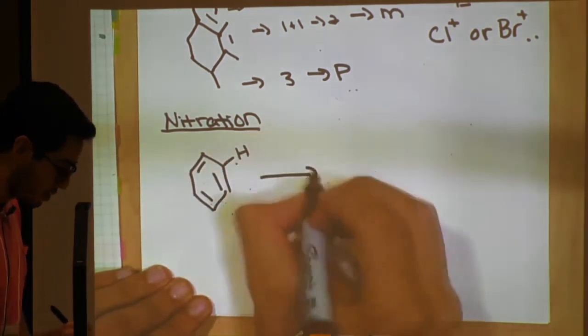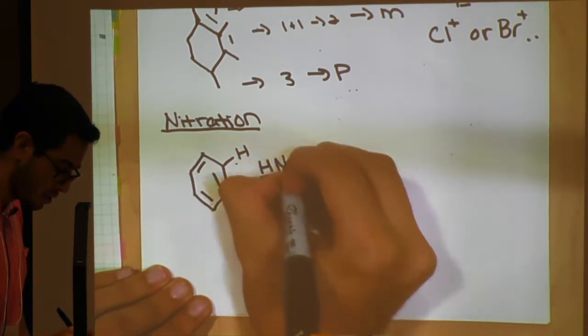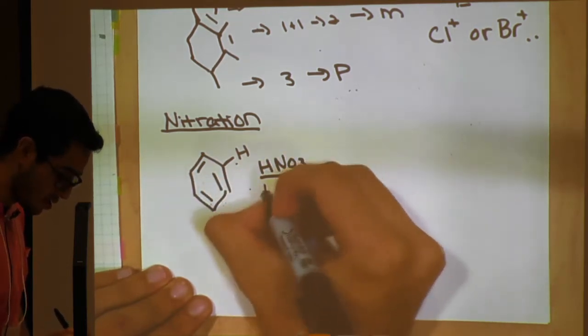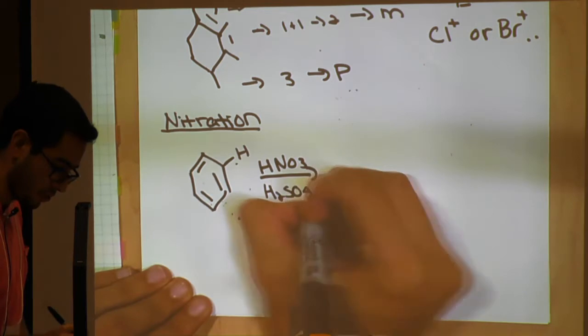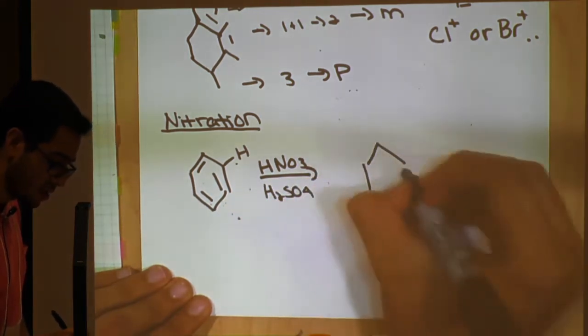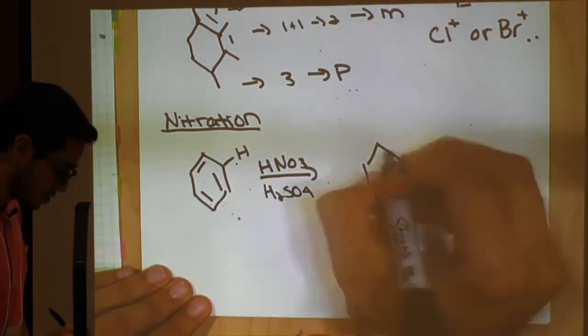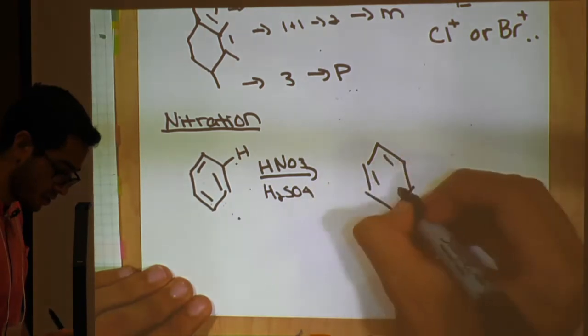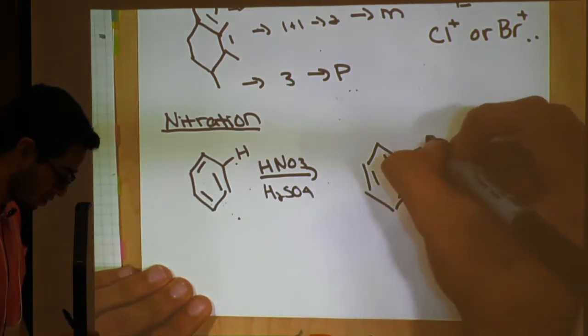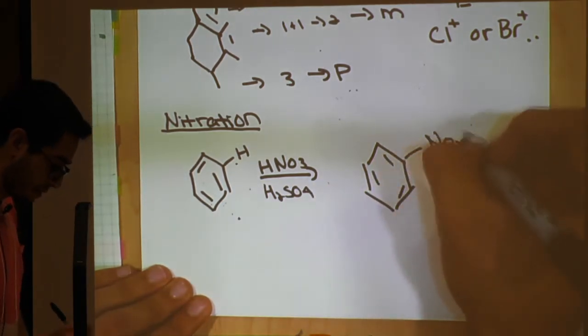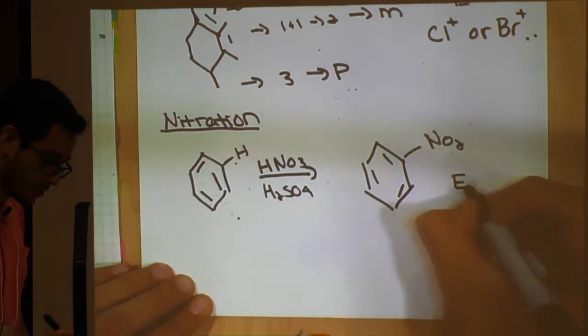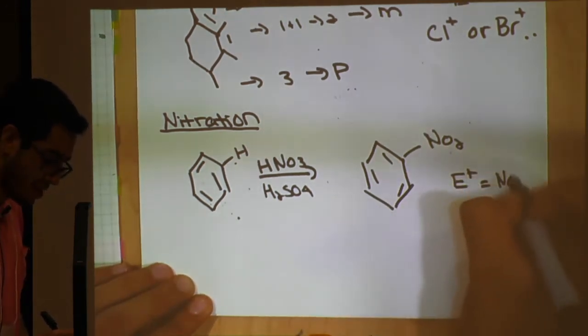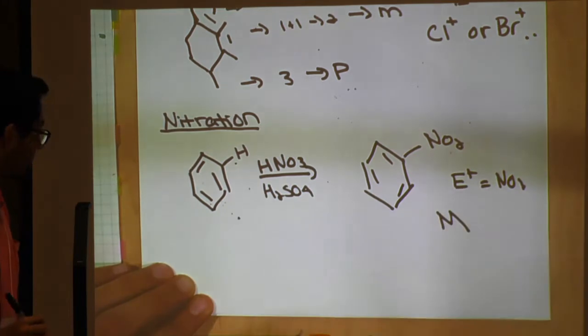And in this case, we use HNO3 and H2SO4 to go ahead and create the electrophile, where in this case our electrophile is NO2, and this one is a meta director.